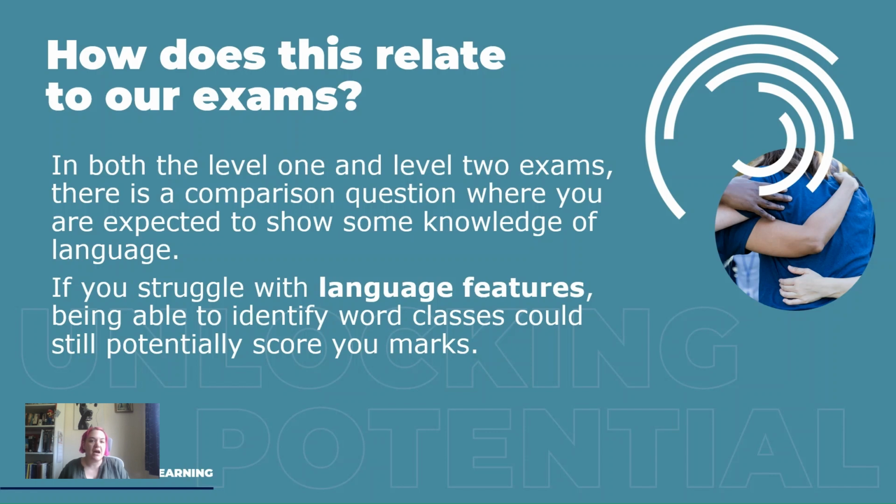Ordinarily, I would recommend that you do this by stating the overall thoughts, opinions and perspectives of the writer and then choosing a language feature and doing a quick explanation and writing it down as an example. However, if you particularly struggle with language features, you can instead use word classes to identify what words have been used, what word classes they belong to, and explain it that way instead.